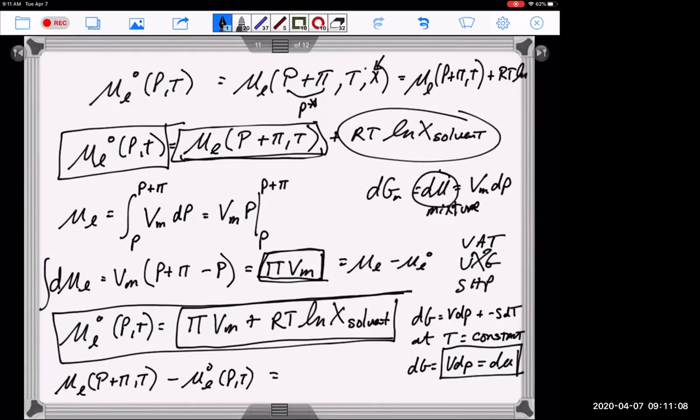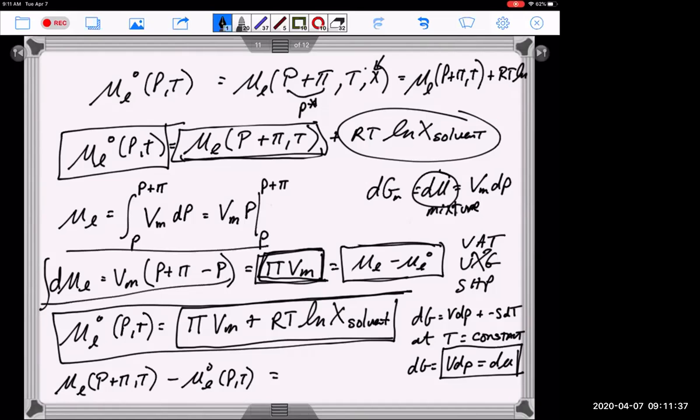So you have two terms. This is why there's a little bit of confusion here. So I'm going to change this a bit and say, here we have mu liquid minus mu zero equals pi V. That comes from this integration.